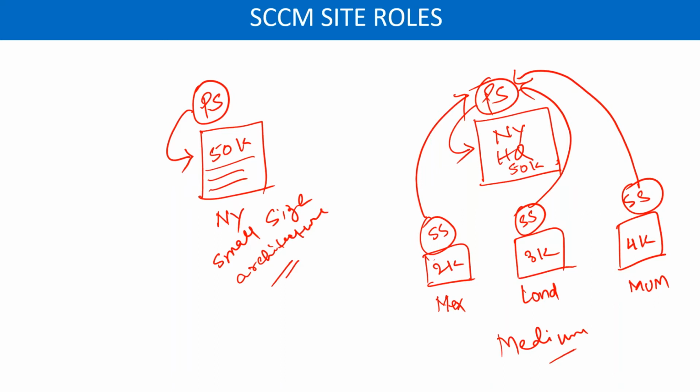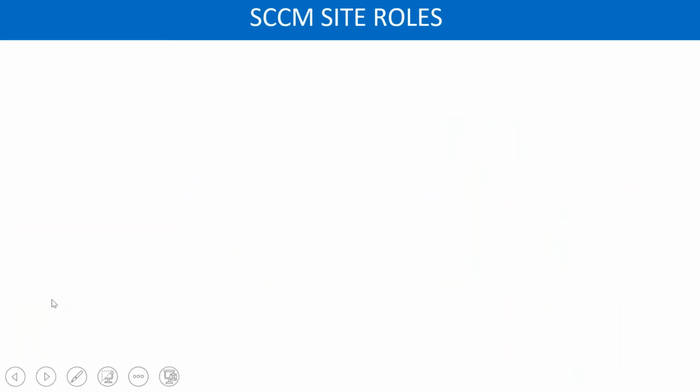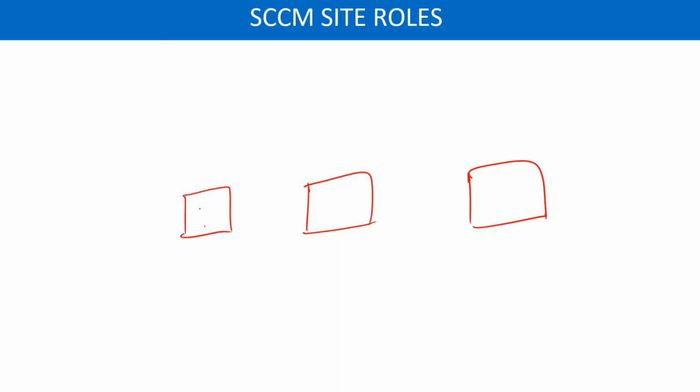This is for a medium size organization, wherein you have one primary and multiple secondary sites. For a big size organization, you will have multiple primary sites: primary site 1, primary site 2, primary site 3, or maybe primary site 4. This is for a big size company like Accenture, Deloitte, IBM, and you will have secondary sites.